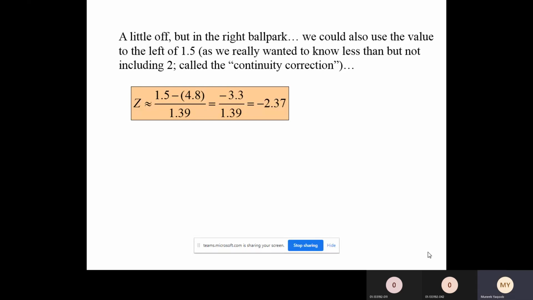Okay, so if we take 1.5 instead of 2, then the question becomes the probability of z less than minus 2.37. Now, how can we compute the probability of z less than minus 2.37? It is very simple.